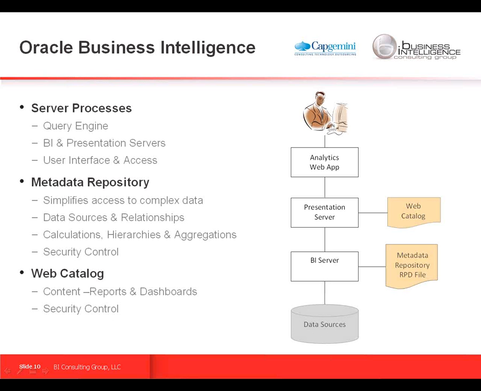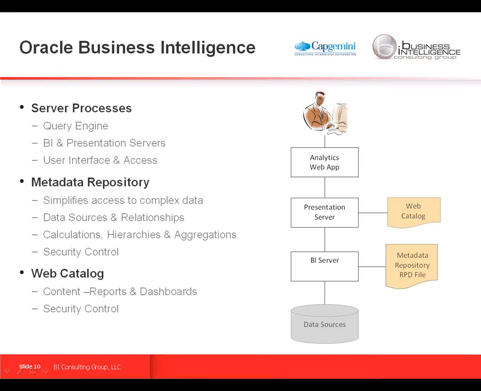The metadata repository, which basically describes where our data exists, how that data is related, rules around how that should be queried, how tables should be joined, as well as security control pieces. And there is also a catalog, which basically groups or is the actual reports and dashboards that end users see.